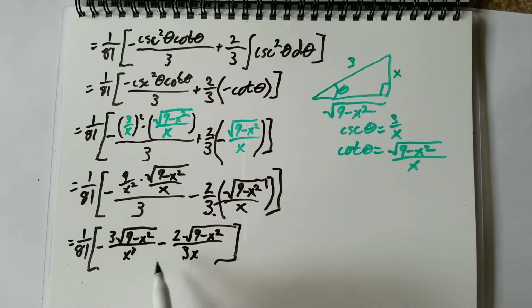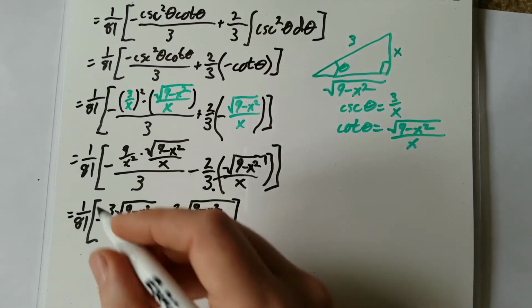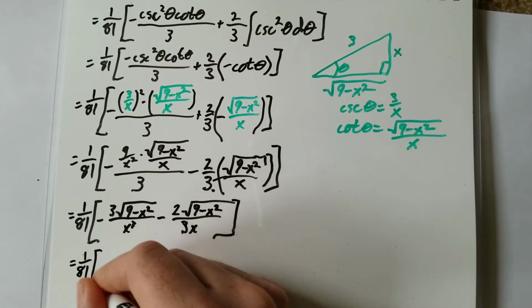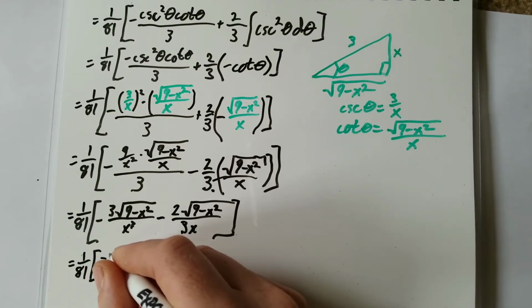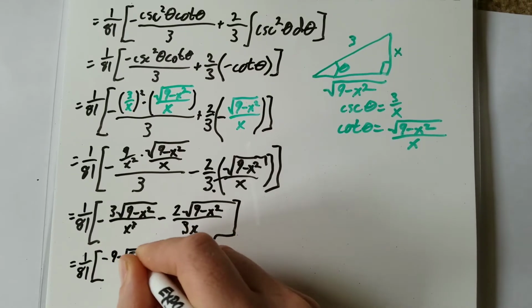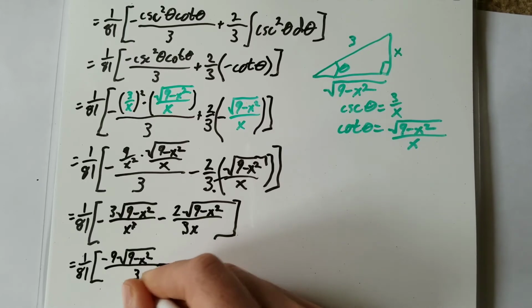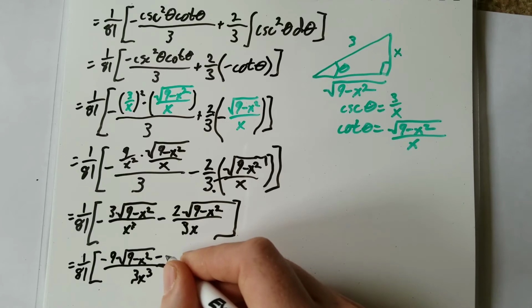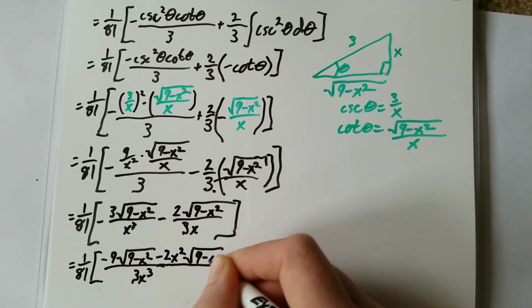Now we get like bases here, and we can have it equal 1 over 81 bracket. We've got negative 9 square root of 9 minus x squared over 3x to the third, minus 2x squared square root of 9 minus x squared.